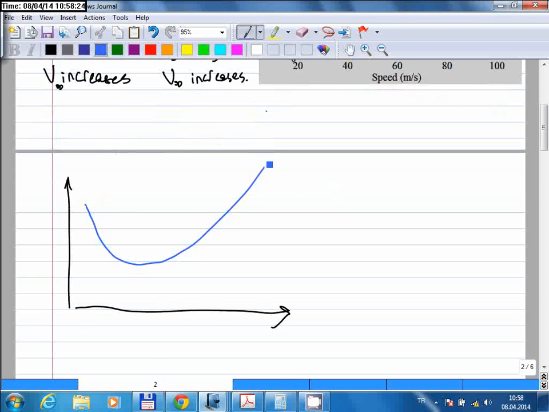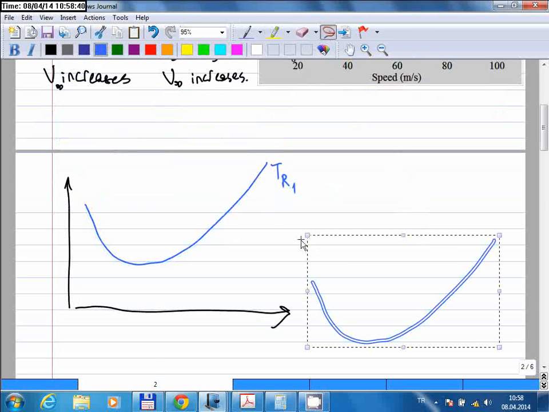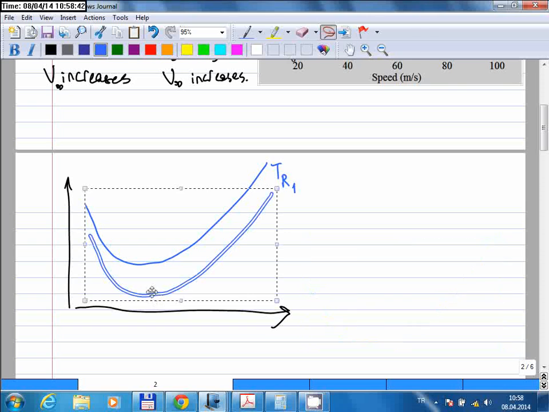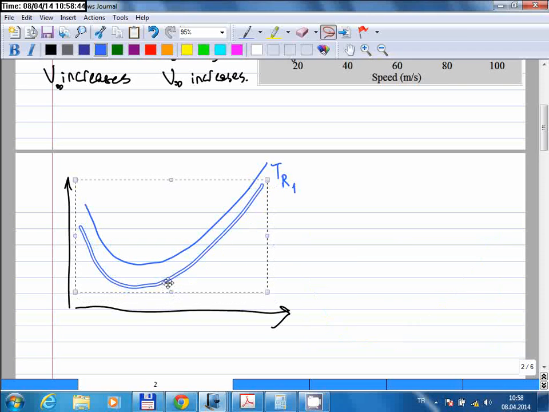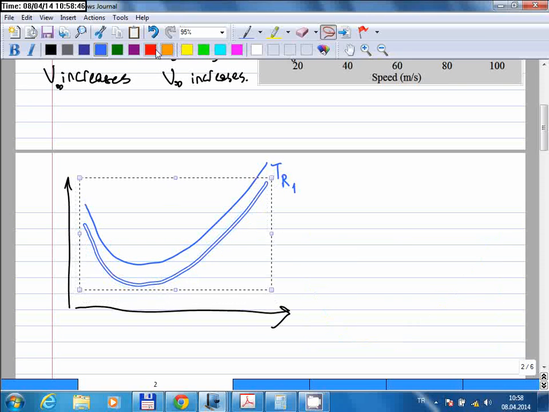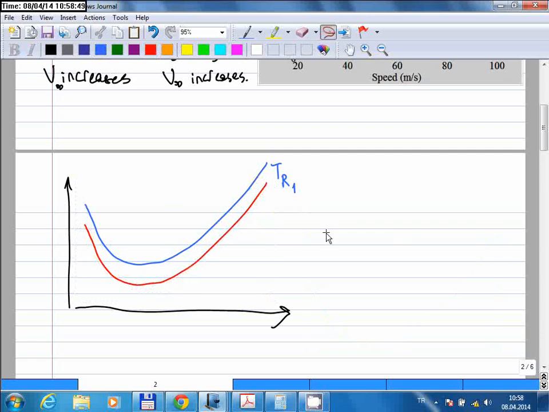Suppose that we have an aircraft, and for this aircraft the thrust required curve is given as this one here. Let me call this TR1. And there's a second aircraft, and for the second aircraft the thrust required curve is this, let's say. Let me change the color here. Let this be red, and let me call that TR2. So again, these are for two different aircraft.